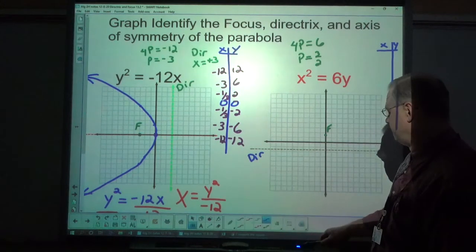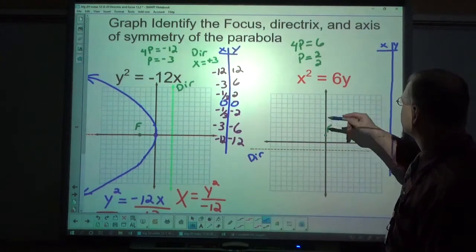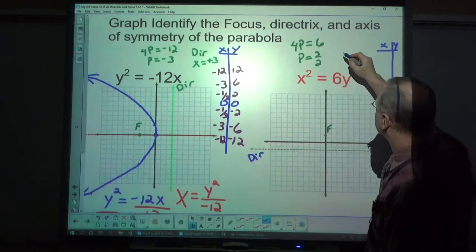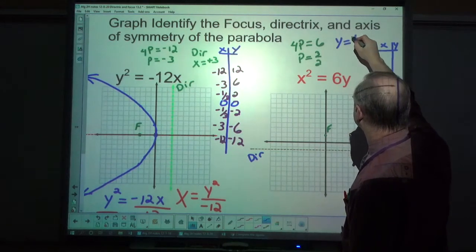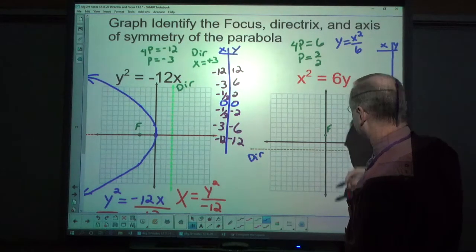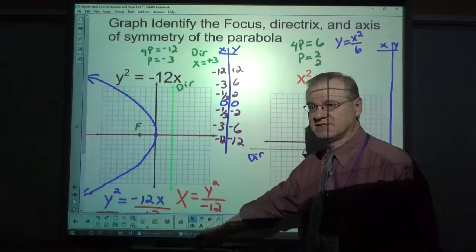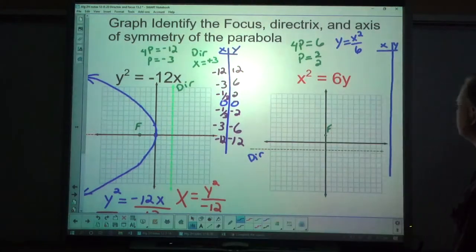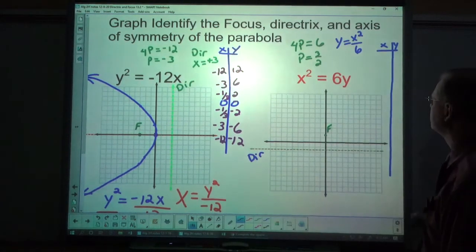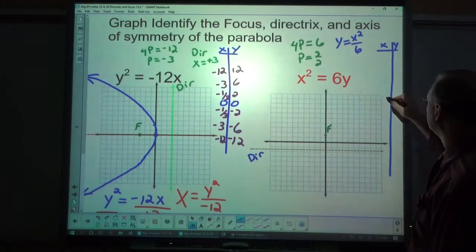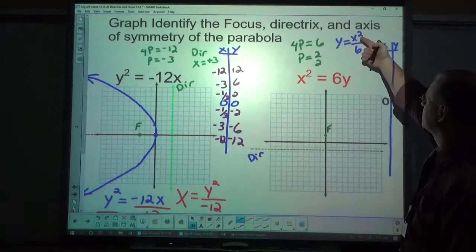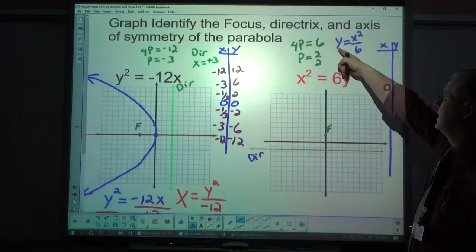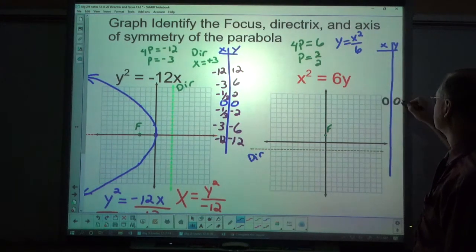We're going to have to get this rearranged, so I'm going to write it as y equals x squared over 6. Now at least this time it's going to be a little easier to come up with values because you're not dividing by 12, you're only dividing by 6. We know if we plug in x, because x squared is a lot easier to plug in and solve for y, 0, 0.